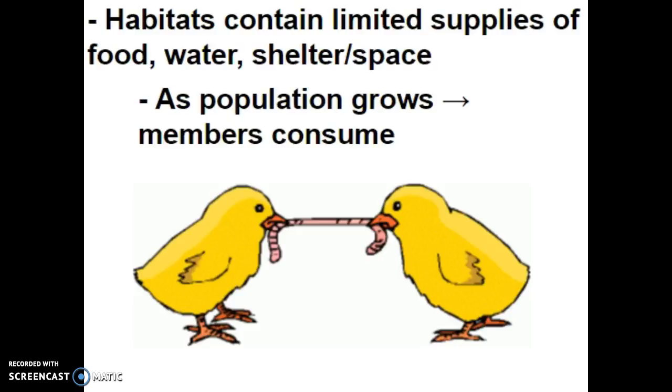Within the ecosystem, there is limited supplies of food, water, shelter space, also mates. As the population grows, if you have more members, then more members are going to need to consume more resources. And if the ecosystem or the habitat can only provide so much, then some of the members of the population will not survive.